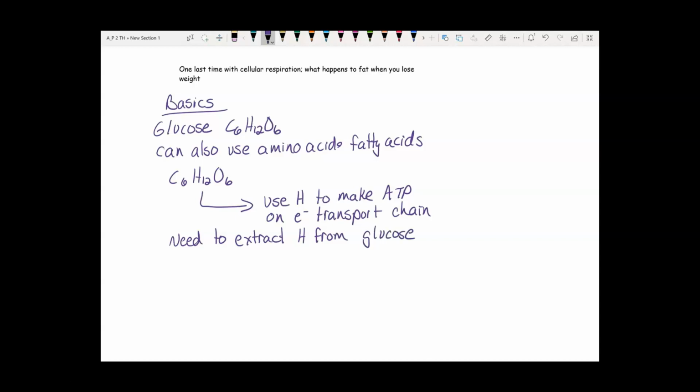So the main thing that's happening in glycolysis and Krebs is you are breaking the glucose so that you can get at the hydrogen and send it to the electron transport chain.